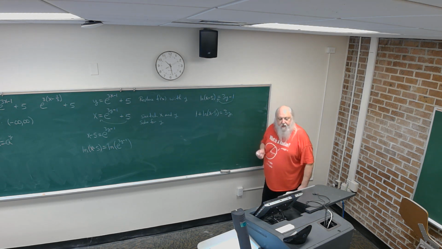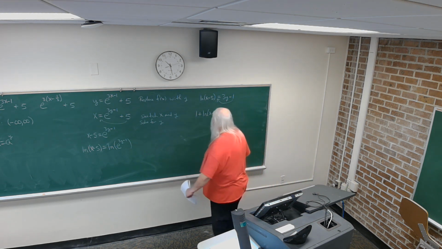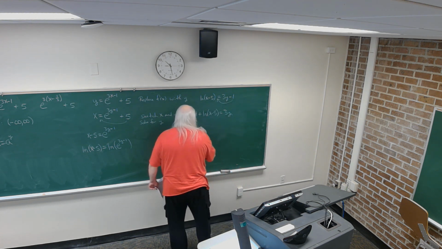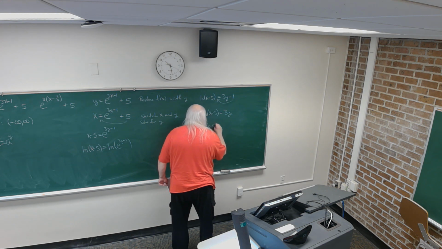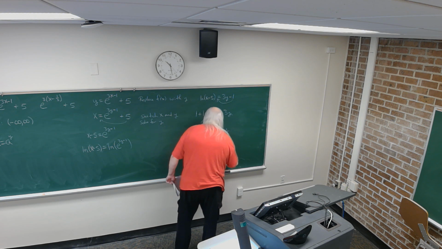Now we divide both sides by 3, and we have 1 plus the natural log of x minus 5, divided by 3, is equal to y.